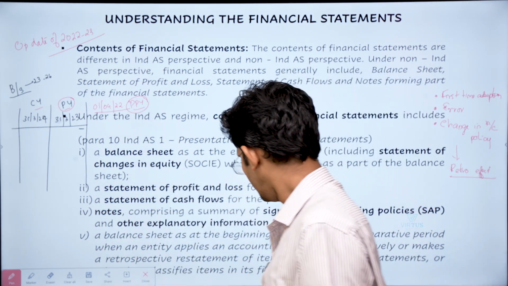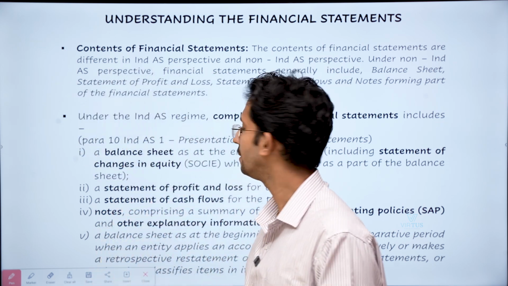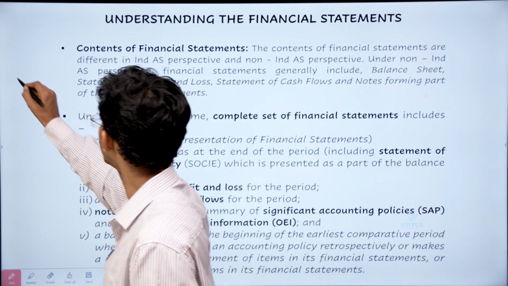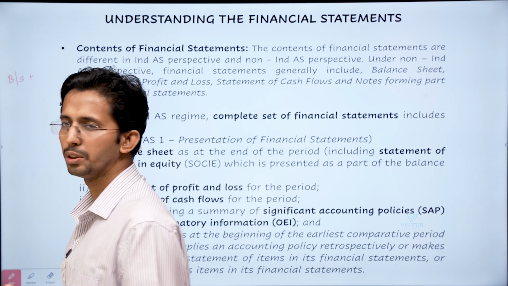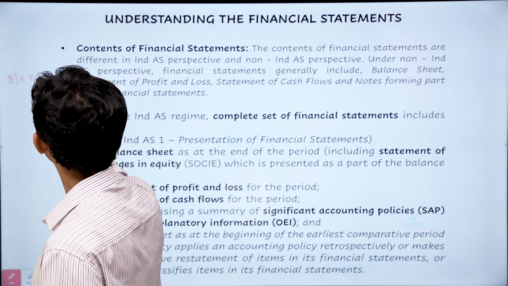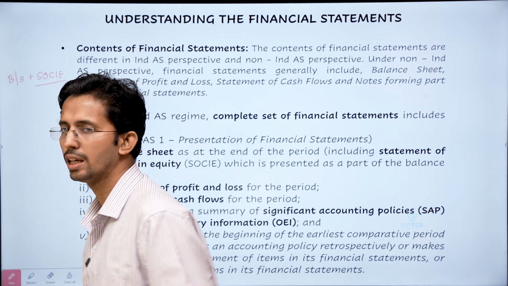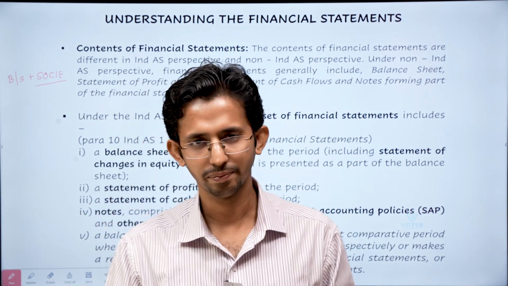So friends, just to make it very clear, when you come to the concept of financial statements in the IND AS regime, you will have your balance sheet, and you will have a new statement known as the statement of changes in equity, SOCE, which gives a reconciliation of each component of equity.